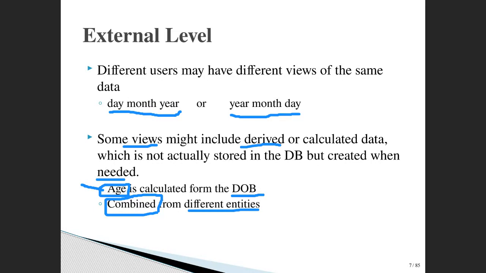If we combine them together, we will have full name. Full name does not exist, but it combines other existing fields. Got the point? So user views can have the same data in different formats, or derived views.